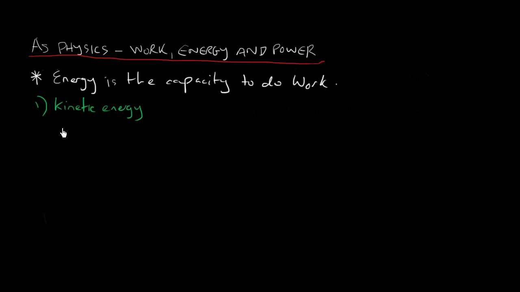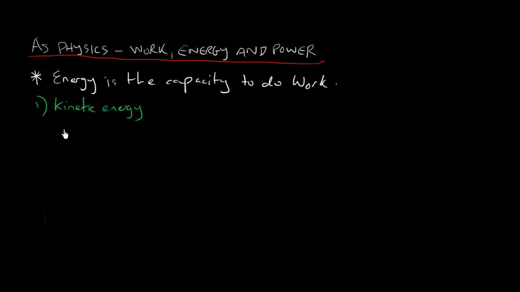Kinetic energy is the energy that a body has due to the motion that it has, and this is important when the particle is moving at low speeds, low compared with the velocity of light.